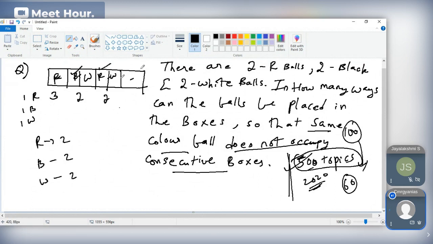Suppose here I put red, here I can put either again white or black. So two ways. Answer is 3 into 2 into 2 into 2. 3 into 2, 6. 6 into 2, 12. 12 into 2, 24. This is the final answer.